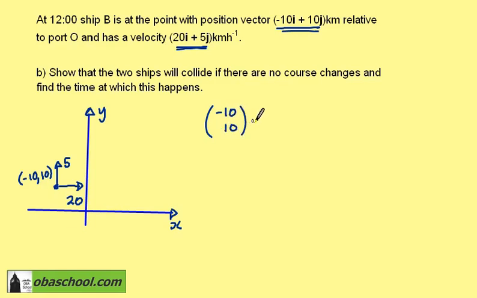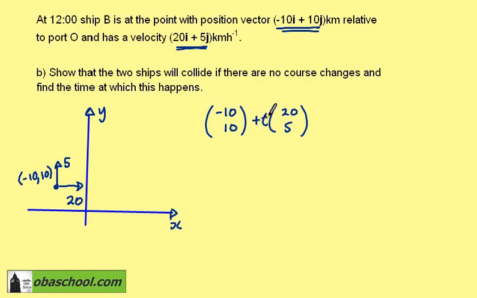If we look at its position vector at 1 hour, for example, it would be (-10, 10) plus (20, 5). And of course it will do the (20, 5) every hour.